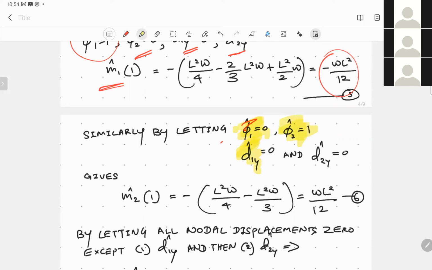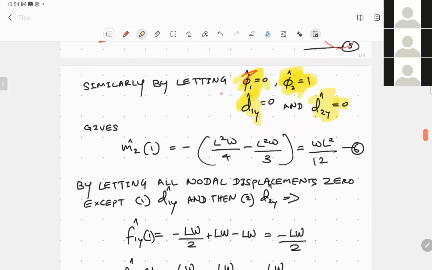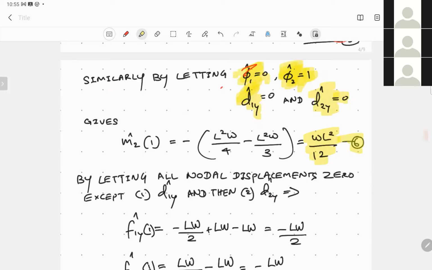Because you are interested in finding the moment at node number 2, you give the rotation at node number 2 a unit value, set the transverse displacement to 0, and see what result you get. You would end up with the same results that you get from structural analysis theory.